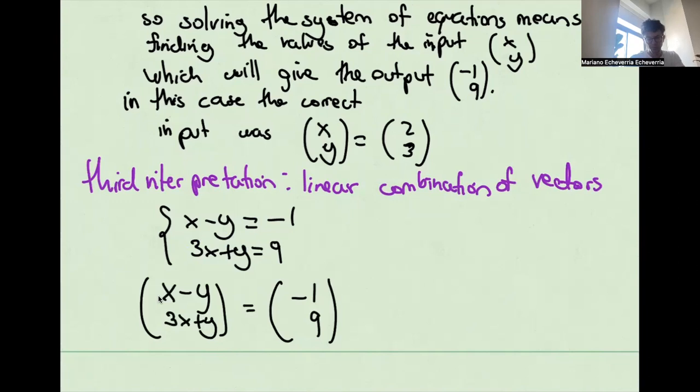Remember, an equality between vectors is an equality between their entries, and so this makes sense. But what I'll do now is something slightly different, which is to break this vector apart into two pieces.